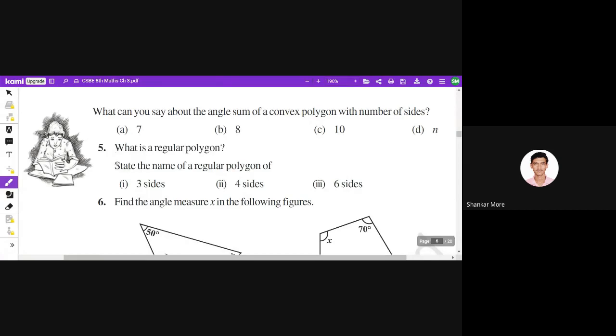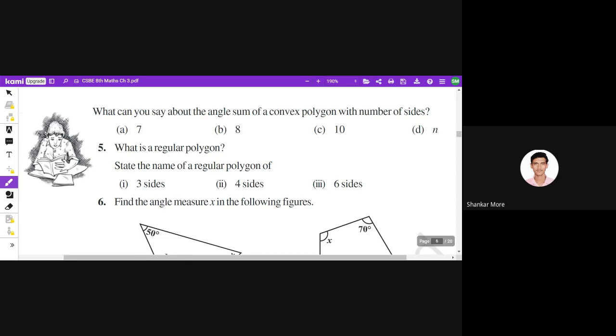So what can you say about the sum of angles of a convex polygon with number of sides 7, 8, 10, and n? Although Shlok has already written answers for them, I want you to calculate them. Okay, so Aidur Rahman has written the calculation as well. That's pretty impressive. So for the first one, we will apply the formula 7 minus 2 into 180, so it will be 5 into 180, that is equal to 900.